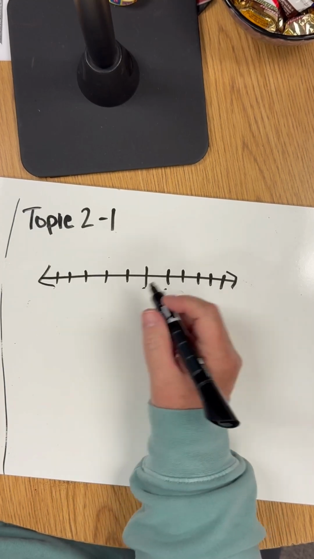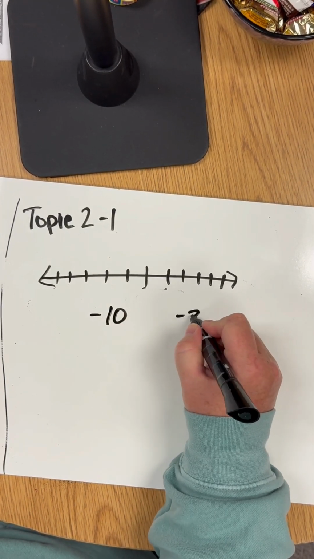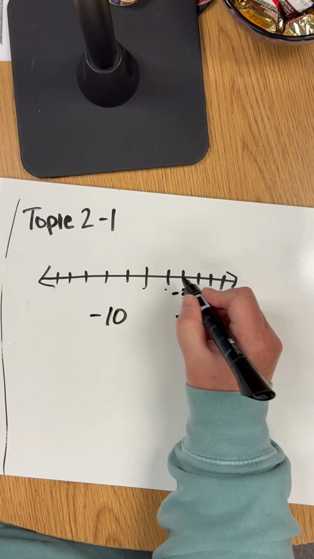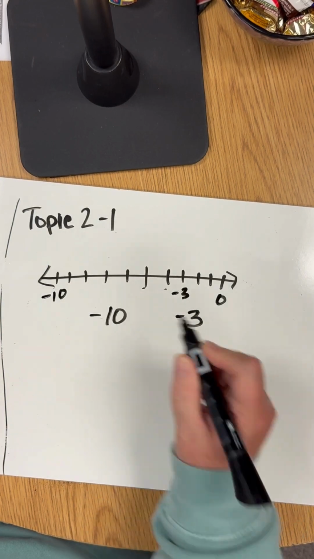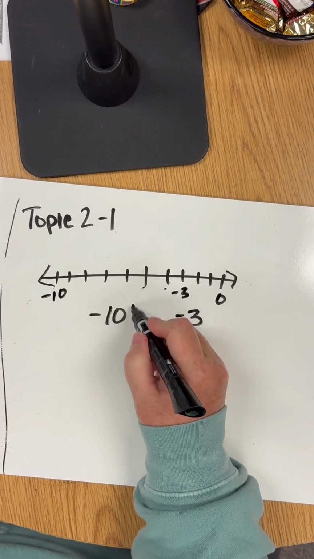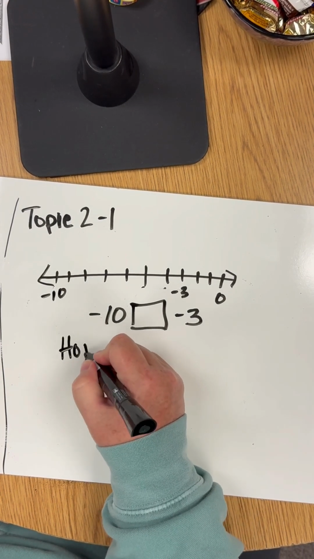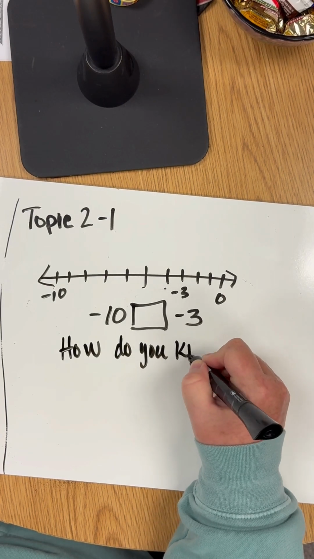But what if we have negative 10 and negative 3? How are we going to know which one is larger? Go ahead and write that down using the number line.